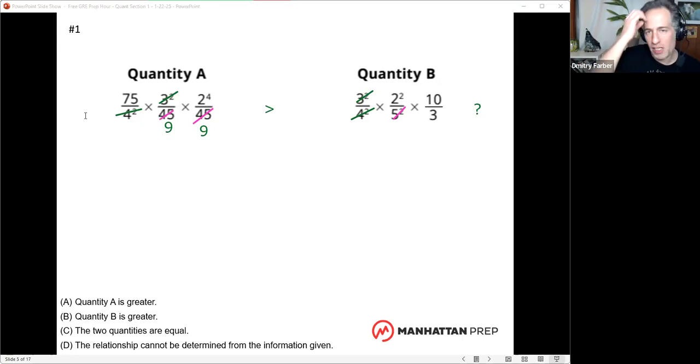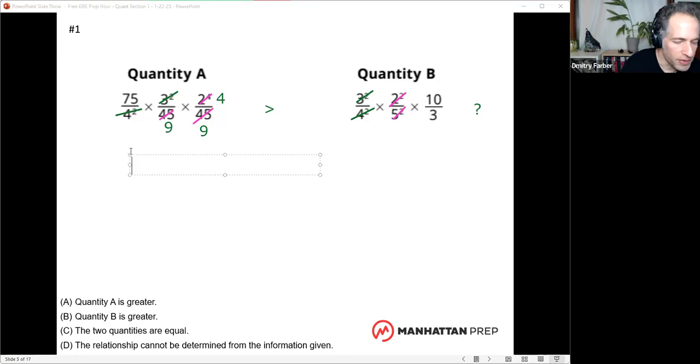Now I'm not going to find the actual values of these two sides, but I'm still going to be understanding the relative values of these two sides, right? And so I could stop here and put this together, or I could keep canceling, right? I might take a two squared out and leave a two squared here, aka four. At this point, I might stop.